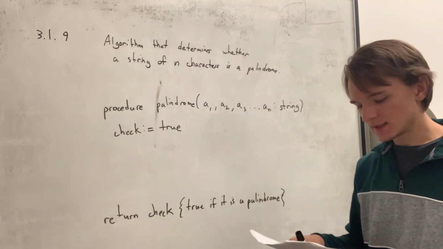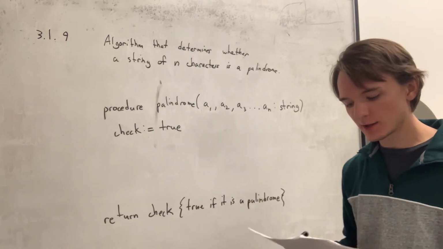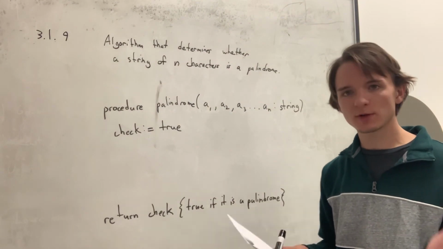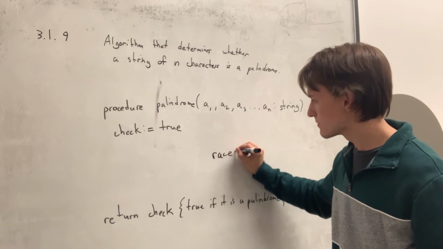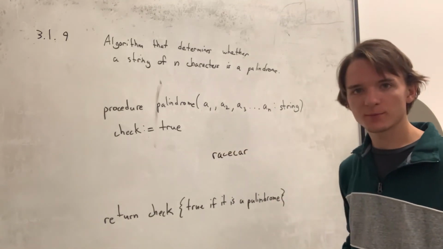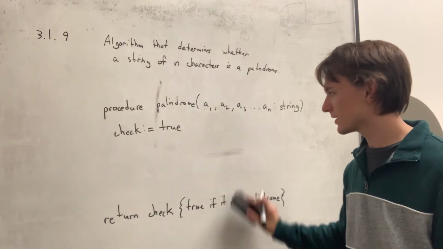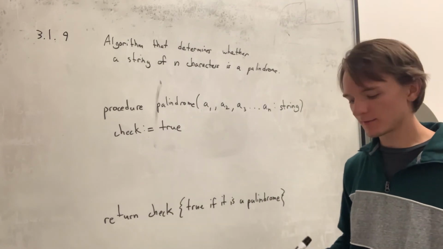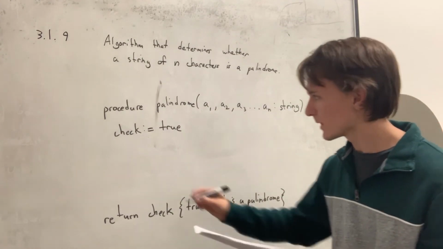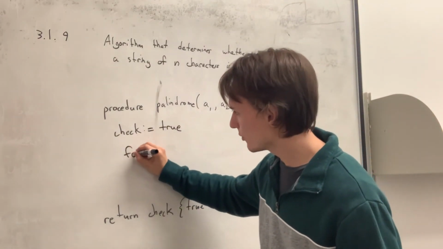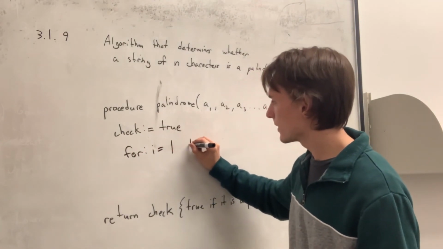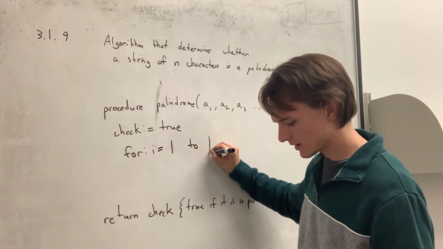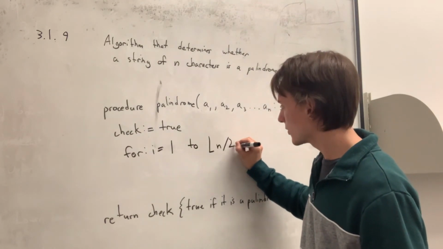So, well, this is easy. Right, remember a palindrome is a string that reads the same forwards and backwards. For example, race car. I'm sure there's a million more examples you can think of, but we begin. So we take a for loop, we'll call it I, and it's equal to 1, and it goes all the way to the floor function of n over 2, right?